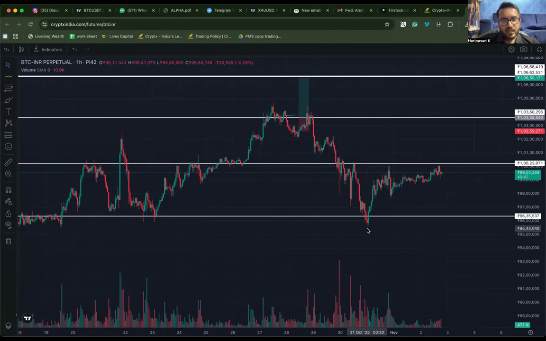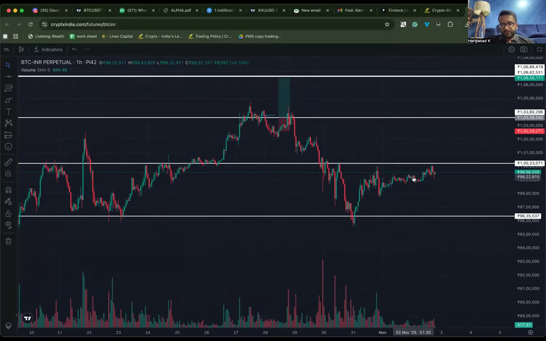Yes, I could say that in the hourly time frame, this is definitely acting as a resistance level for BTC.